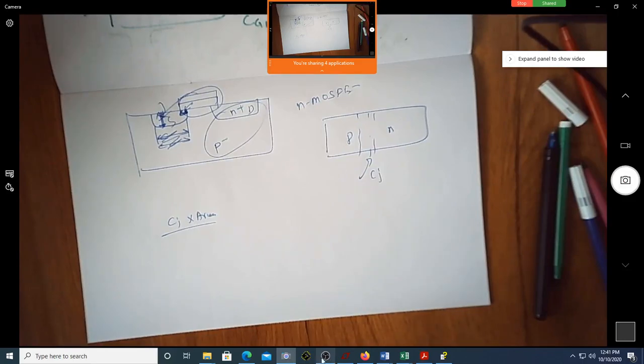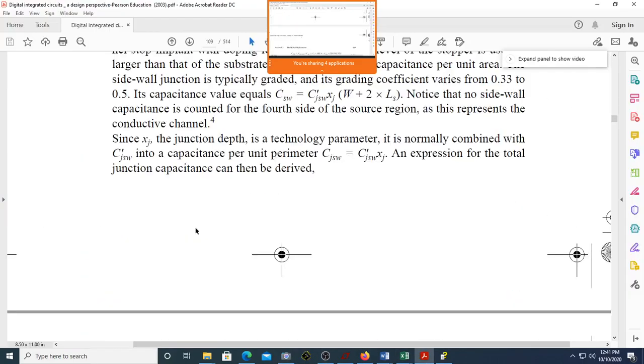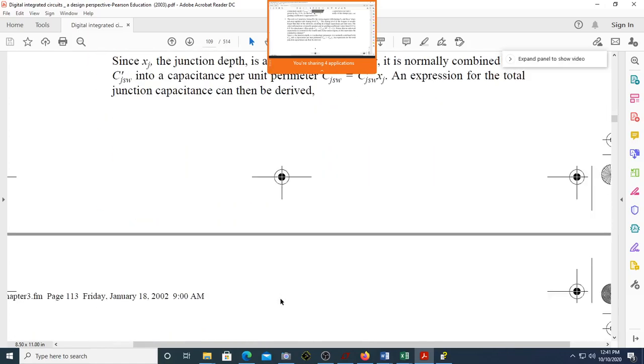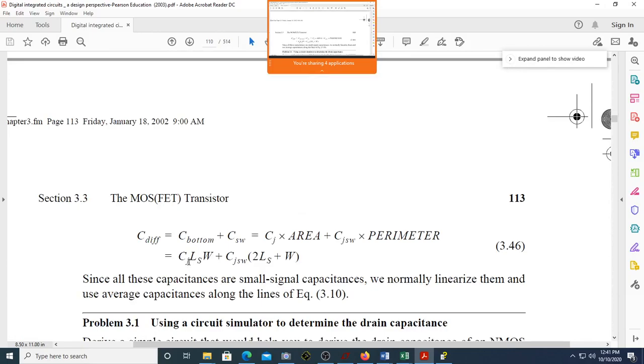So what is the area of the bottom? Area of the bottom is this, Ls into W. Correct? Yes, sir. Can you see here? C bottom is equal to Cj into W into Ls. That's what is written here. Cj into Ls into W is C bottom.